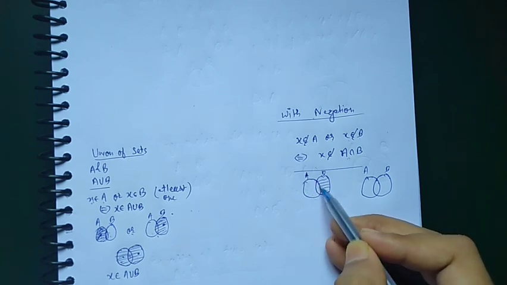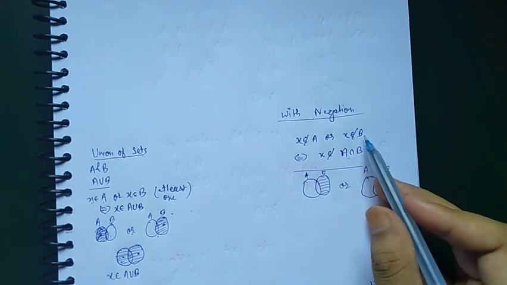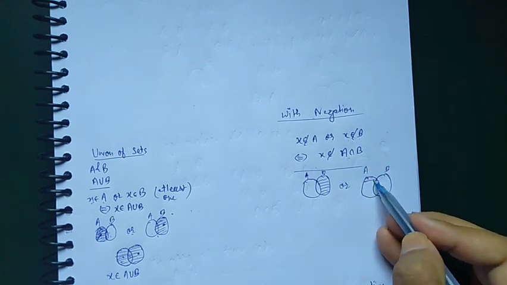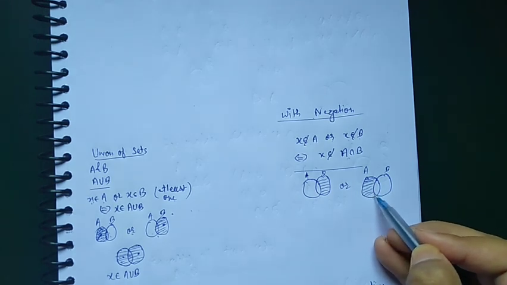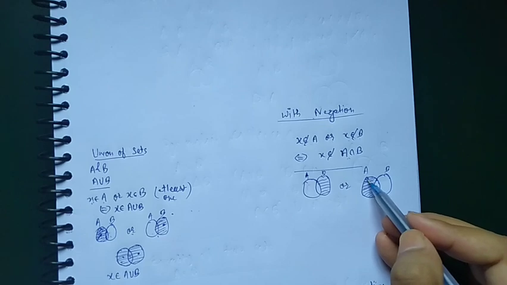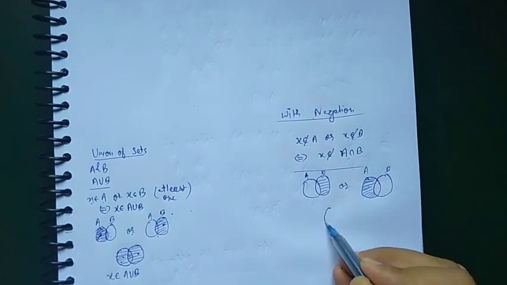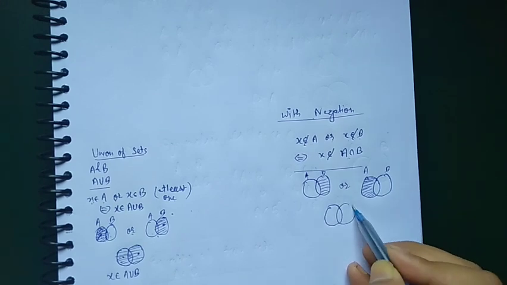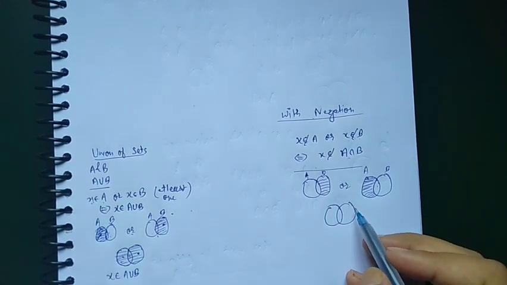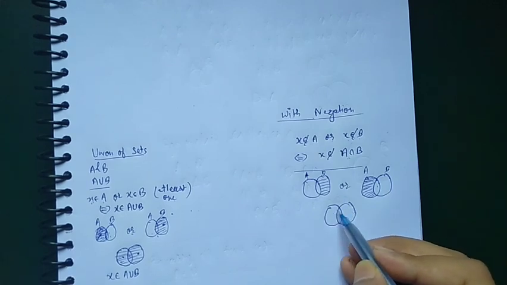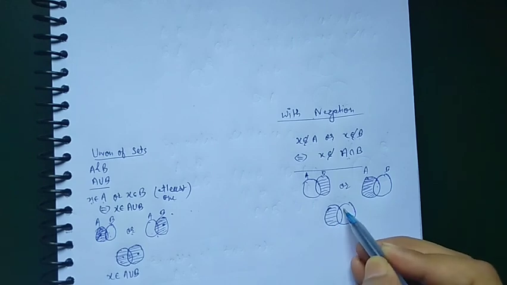Or X doesn't belong to B, so the possibility of the element X lying is here. X doesn't belong to B. So both these Venn diagrams will imply that X can lie in this shaded region.